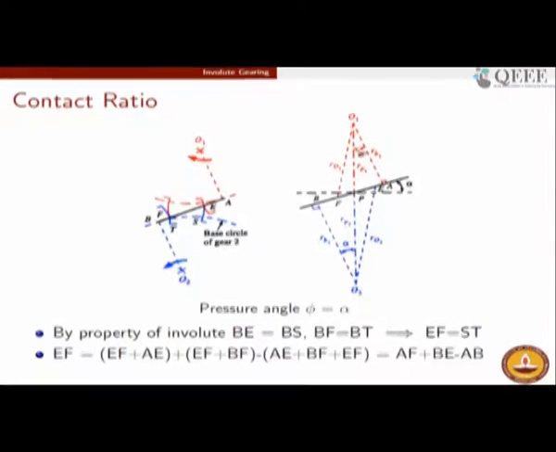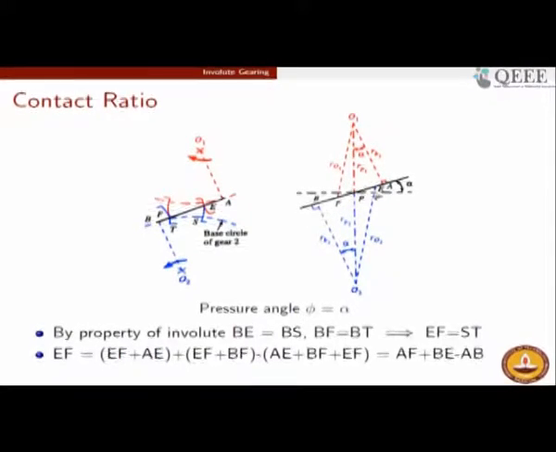So in this position you have this to be alpha, and anyway it was shown that the base circle radius is cosine alpha times the pitch circle radius. What we are interested in at this point is the length of the line segment AP. The length of the line segment AP is going to be RP1 sine alpha. Similarly, the length of the line segment PB is going to be RP2 sine alpha.